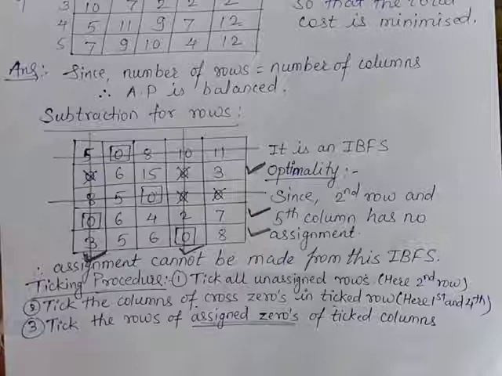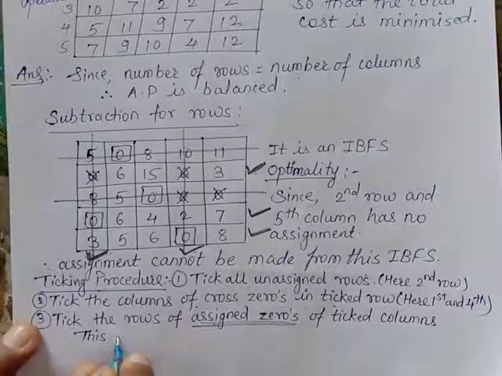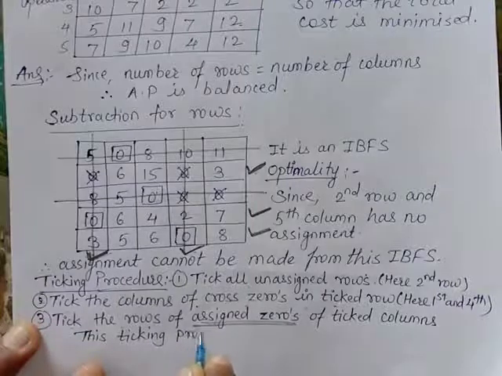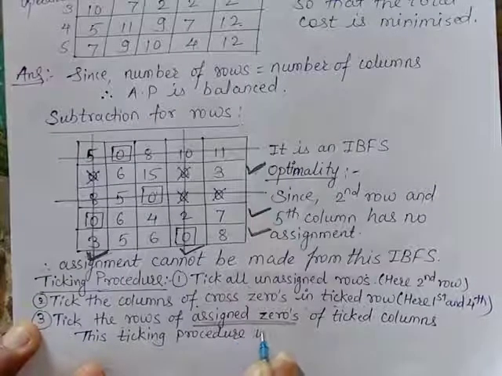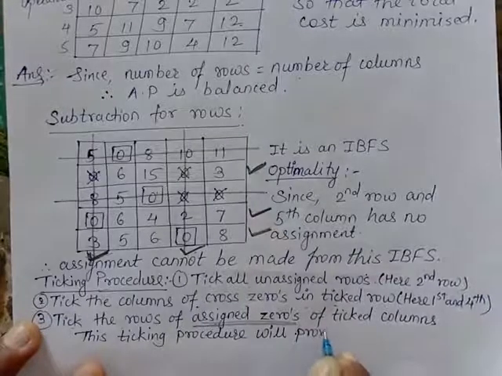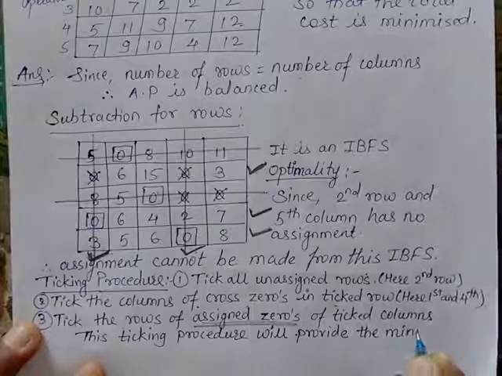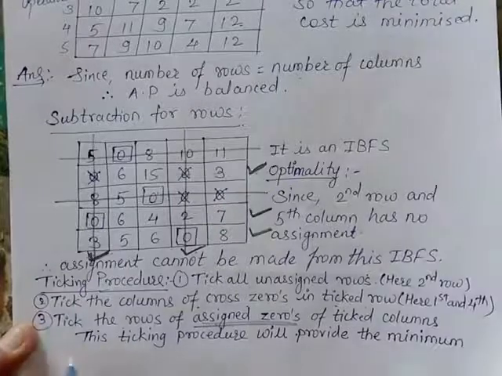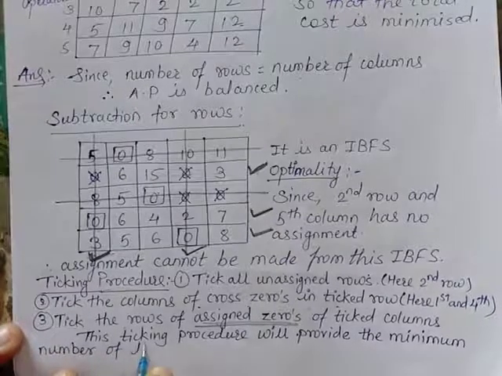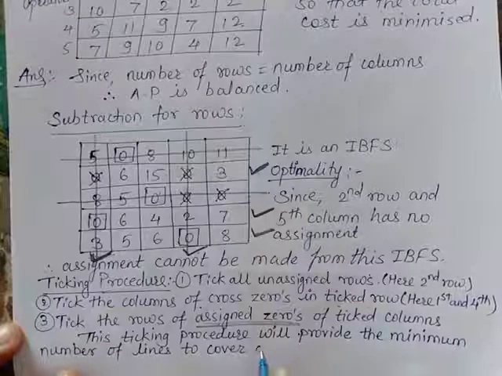Now from here onwards, what do we have to do? These three steps only. So this ticking procedure will provide the minimum number of lines to cover all zeros.